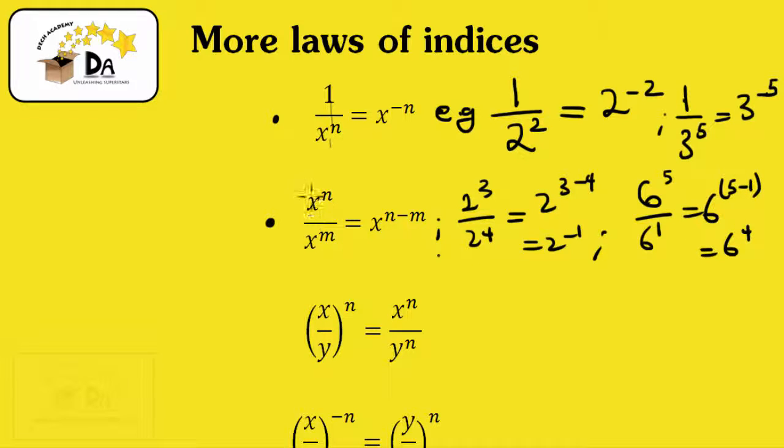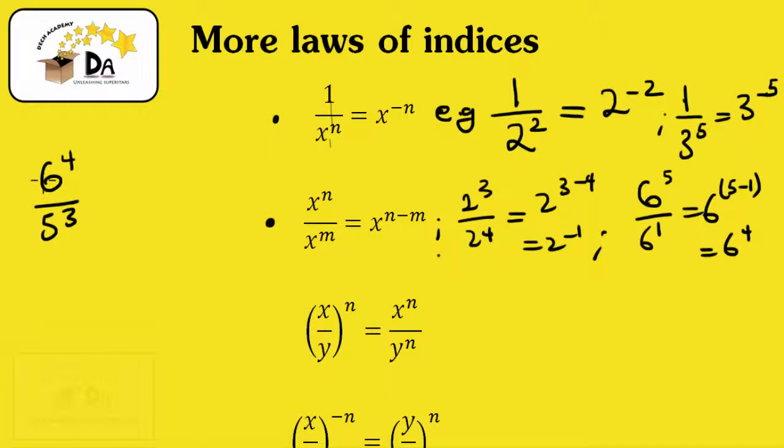So note, the bases of these two terms have to be the same for this rule to apply. So it has to be x to the n divided by x to the m. So for example, if I said 6 to the 4 divided by 5 to the 3, it isn't equal to 6 to the 4 minus who knows. This law doesn't apply to this situation because the base of the numerator and the denominator term must be the same.